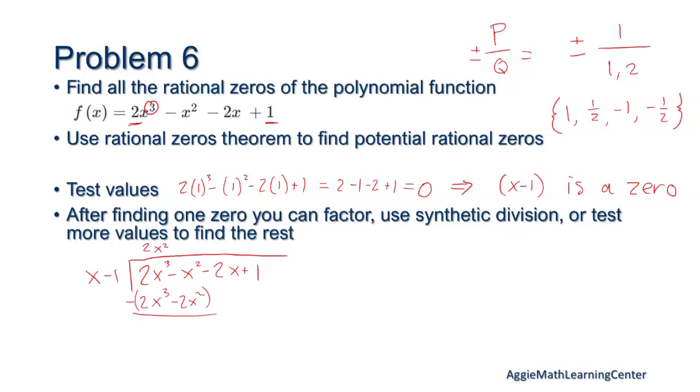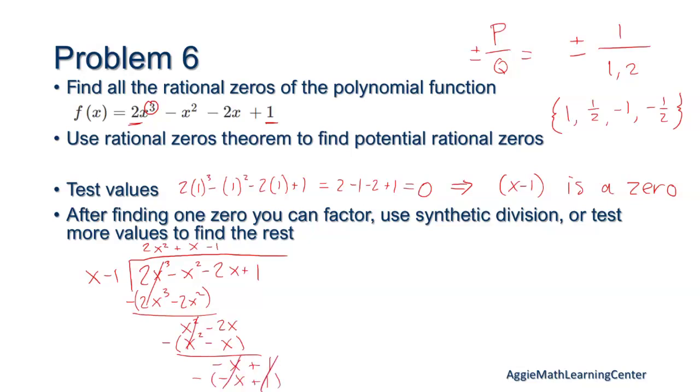Negative 1 plus 2 is just going to be positive 1x squared minus 2x plus x. Now I'm going to multiply by the negative. Cancels that one out. Negative 2 plus x is negative x plus 1. And then x minus 1 can go into negative x plus 1, negative 1 times, and then you've got negative x plus 1. And that subtracts to get 0.